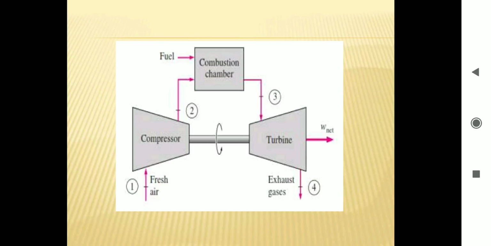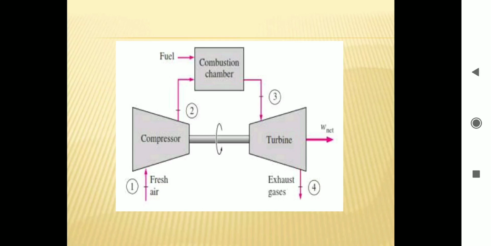These hot gases are fed into the turbine, where expansion takes place, and due to the expansion of these hot gases, the turbine starts rotating. The generator armature is coupled to the turbine shaft. When the turbine rotates, the shaft rotates, the generator armature rotates, and the generator generates electricity, which is used for various purposes.